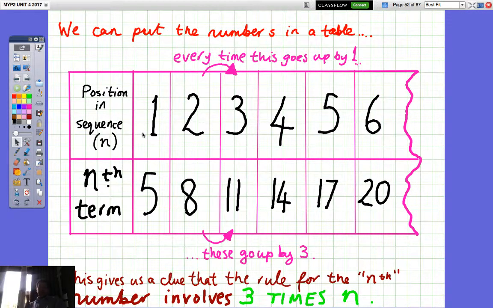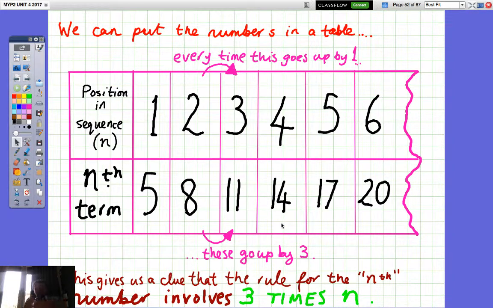So if the position is n, then when n is 1, the nth term is 5, because the first term is 5. When n is 2, the nth term is 8, because the second term is 8. When n is 3, the nth term is 11, and so on. So looking at this table, you can see that every time you go up by 1 in the sequence, the numbers go up by 3.